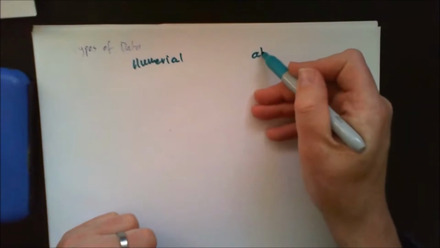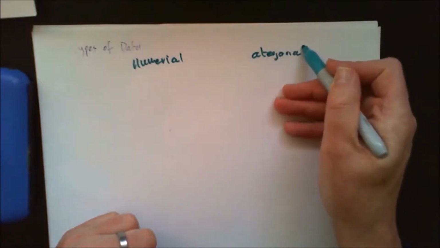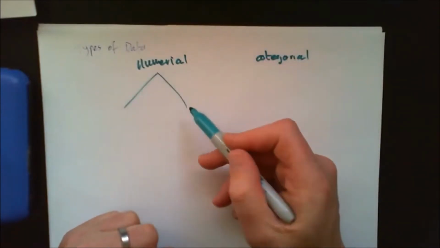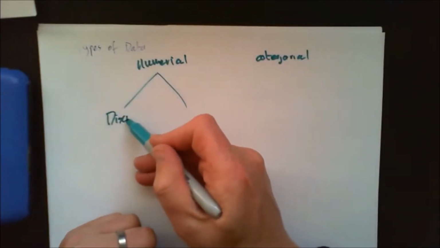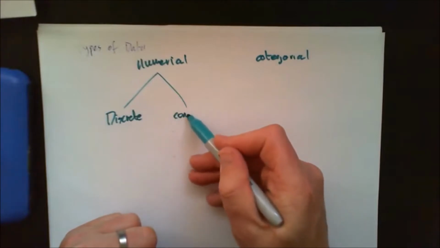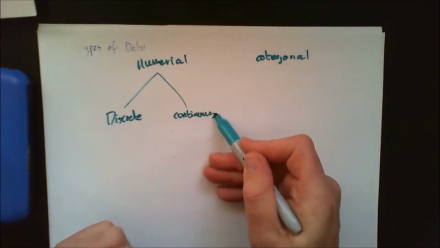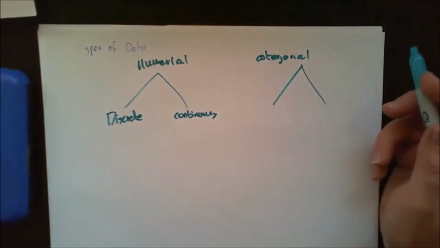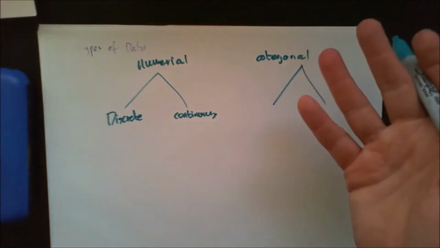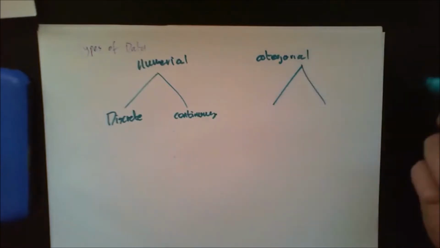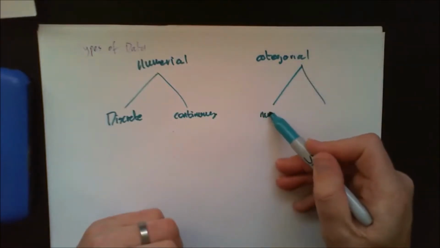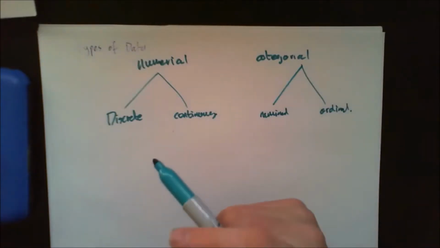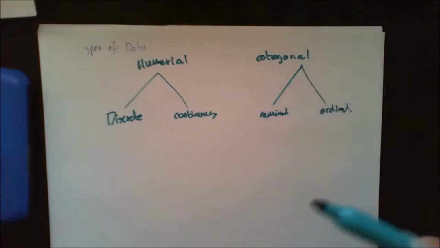Numerical data can be split into discrete or continuous, and then categorical can be broken up into nominal and ordinal. Okay, so they're the four types.